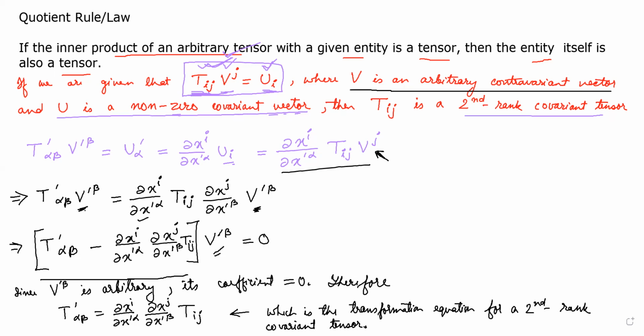So this particular statement proves that Tij is a tensor, and not only that, it follows the transformation rule for a covariant second rank tensor. So from this equation, we see that Tij is a tensor and it is a covariant second rank tensor.